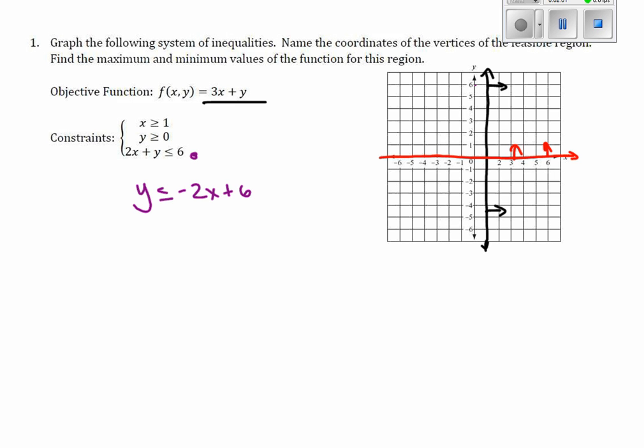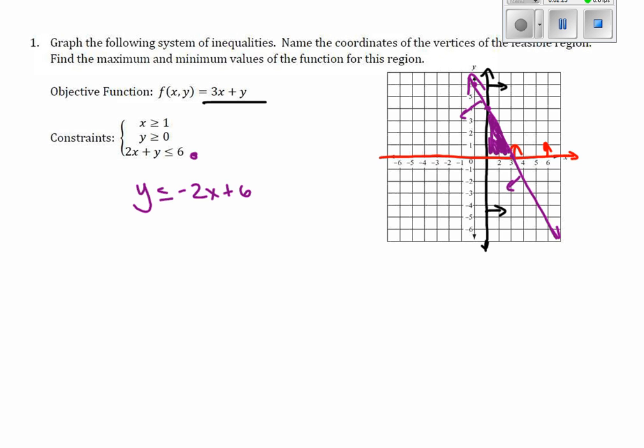So I'm at positive 6 and I go down 2 over 1. There's my line, solid line, and that's going to be shaded down this way. So my feasible region is this area right here.